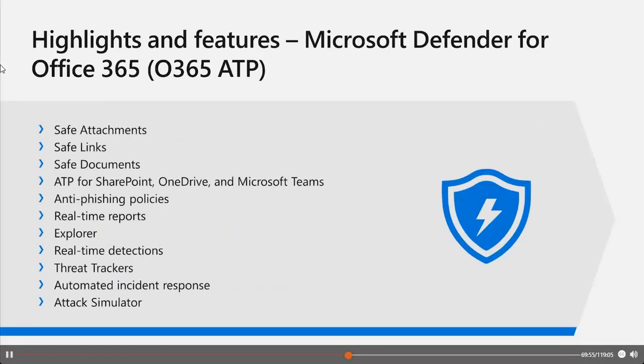Okay, let's go to the highlights and features of Microsoft Defender for Office 365, or in short, Office 365 ATP. There are a lot of capabilities we have known for a while in this suite. Safe attachments protects against unknown malware and viruses, and provides zero-day protection to safeguard your messaging system.